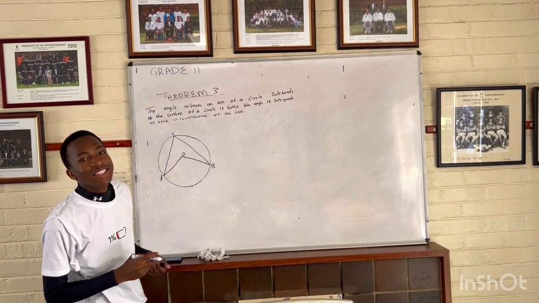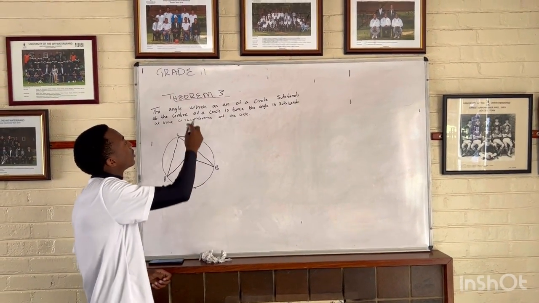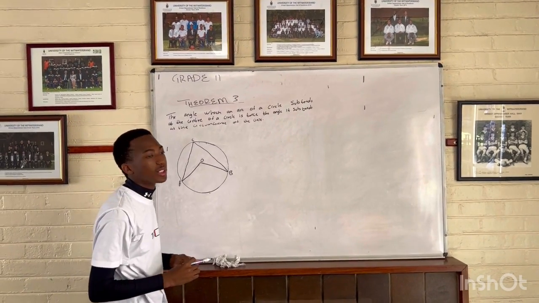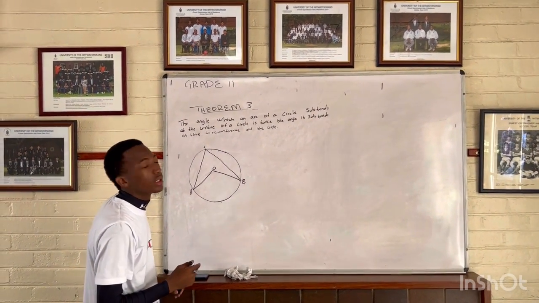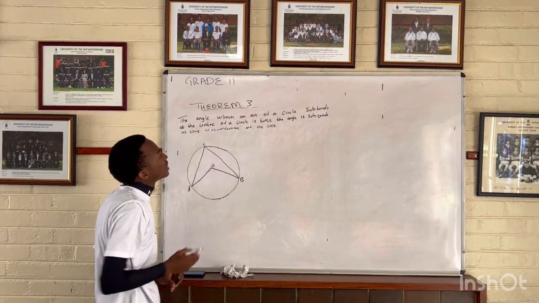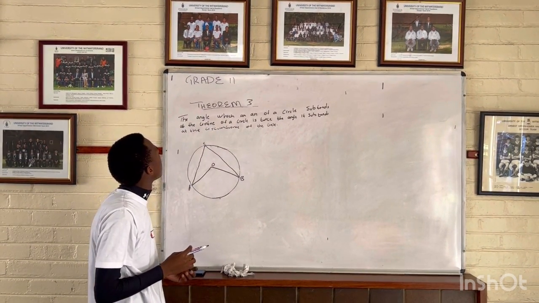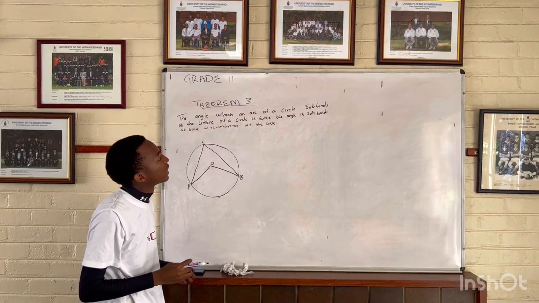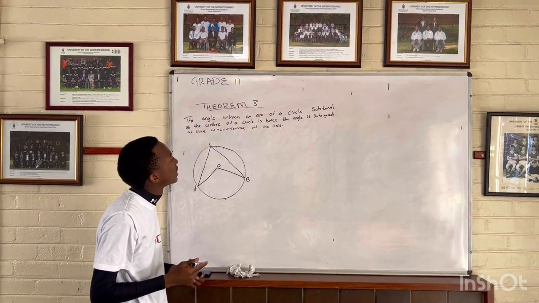Okay, good day, grade 11. So I'll be taking you through theorem 3 of Euclidean geometry. Theorem 3 says that the angle which an arc of a circle subtends at the center of a circle is twice the angle it subtends at the circumference of the circle.